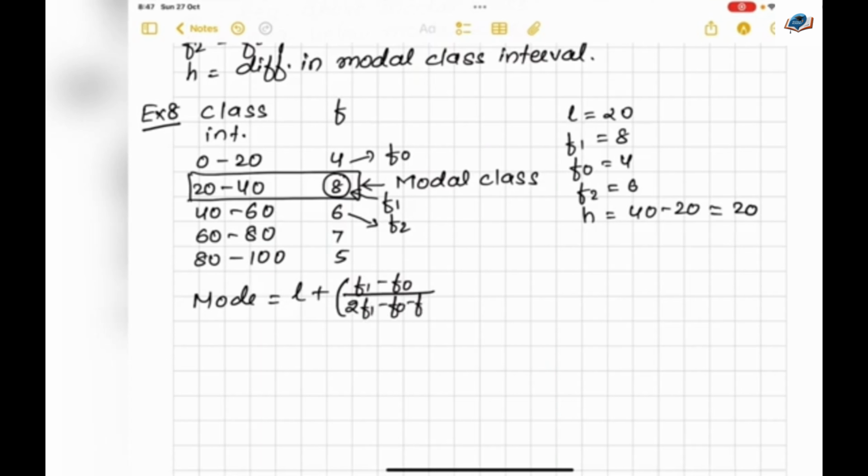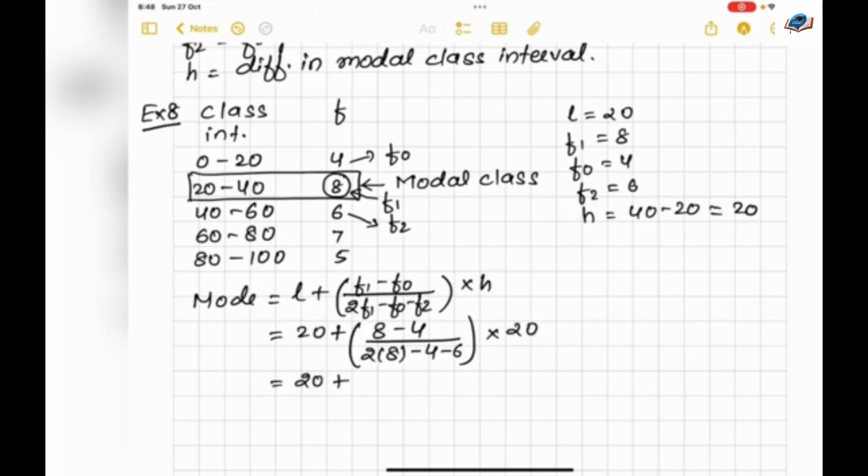So L is here 20 plus F1 is 8 minus 4 upon 2 into 8 minus 4 minus 6 into 20. So now if I solve this, 8 minus 4 will be 4 upon 16 minus 10 into 20. So this will come as 20 plus 4 upon 6 into 20.